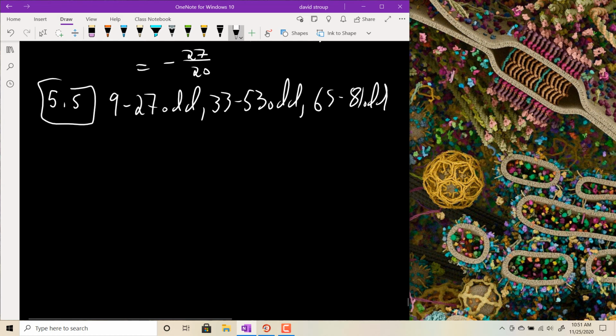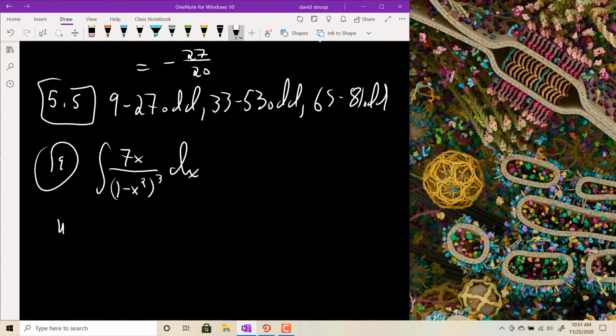Anyways, let's look at number 19. So you have 7x all over (1 minus x squared) cubed dx. I do u sub for the stuff in the parentheses, the 1 minus x squared, and then du is -2x dx, and then dx is negative du over 2x.